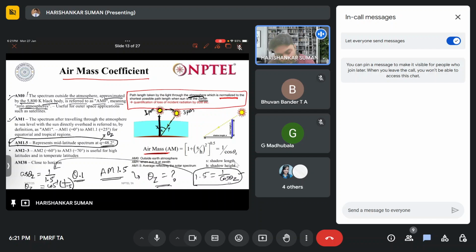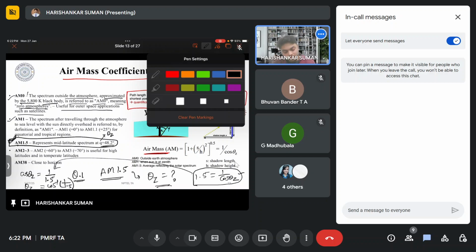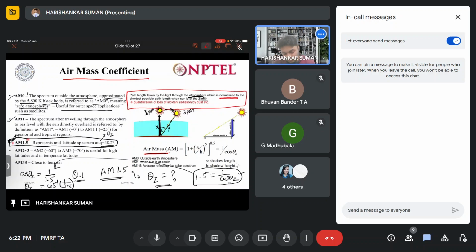What is the meaning? Zero atmosphere. It is useful for outer space applications such as satellites. And for solar cells, this is the useful term. What is it? Let me highlight this.